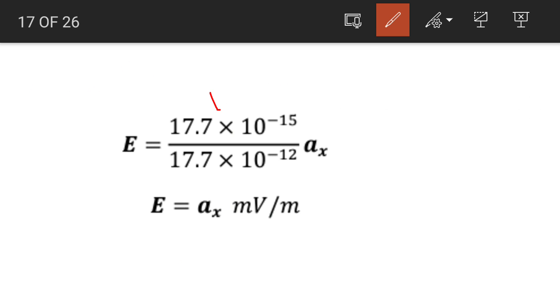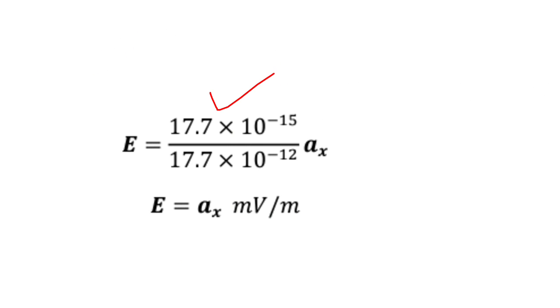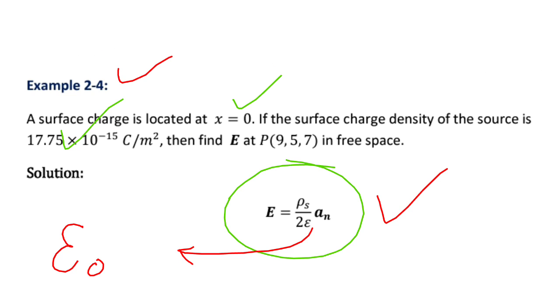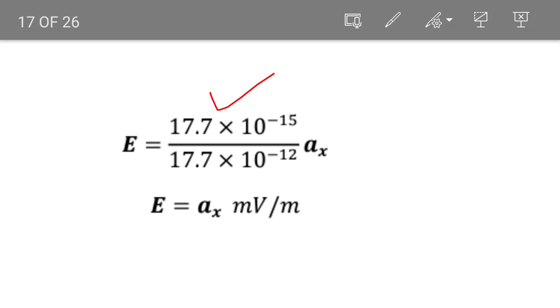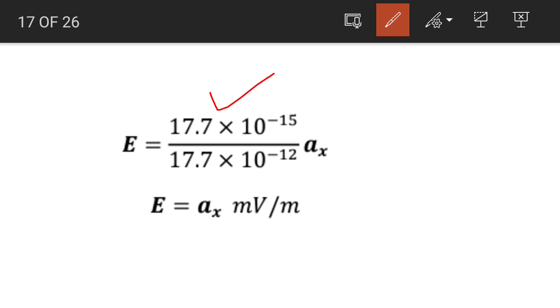We have rho s, which is 17.7 into 10 raised to power minus 15, and then we have 2 into epsilon naught. So 2 into epsilon naught will be 17.7 into 10 raised to power minus 12.